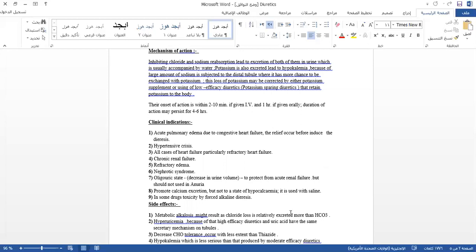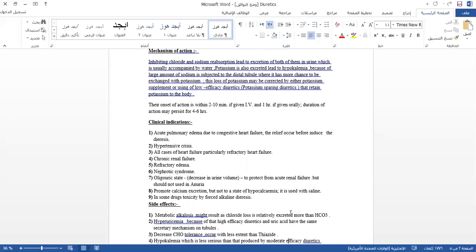From clinical practice, relief of shortness of breath and improvement in the patient's condition occur before diuresis is induced, and this may give a hint of an effect of the high efficacy diuretic on blood vessel dilatation rather than induced diuresis on the renal tubule.